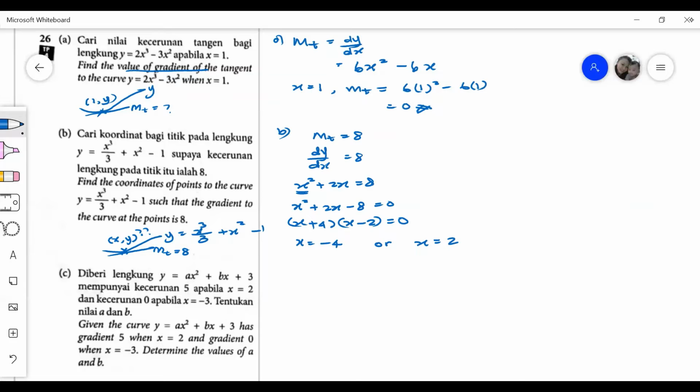So since we need to find the coordinates, and we have the x coordinates, now we substitute the point into the curve. So y equals x cubed over 3 plus x squared minus 1.